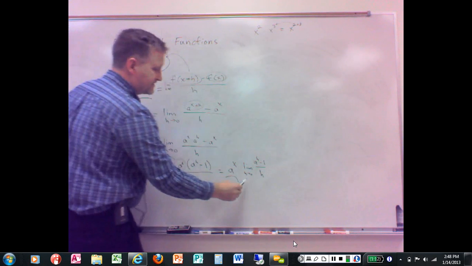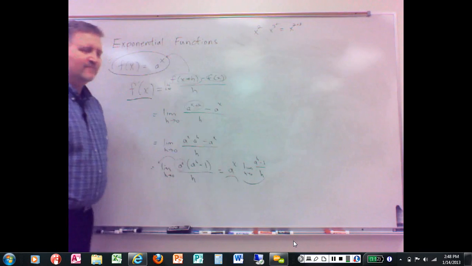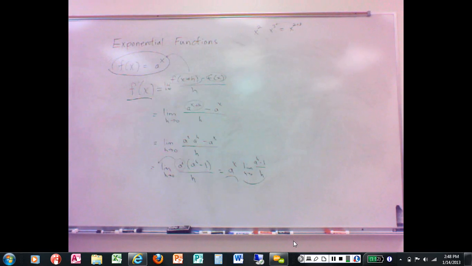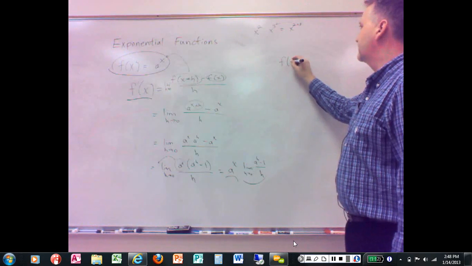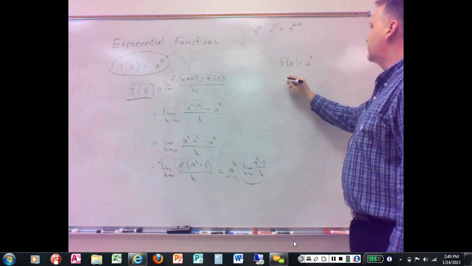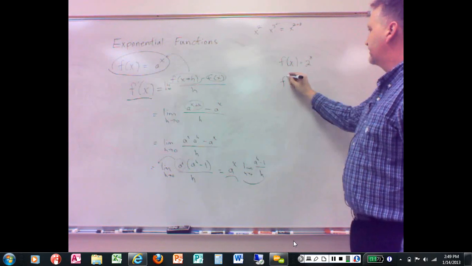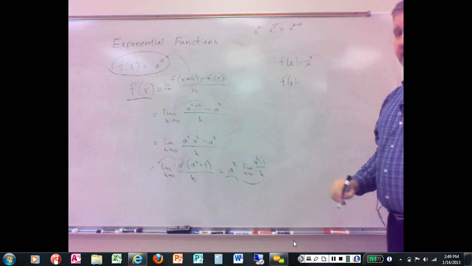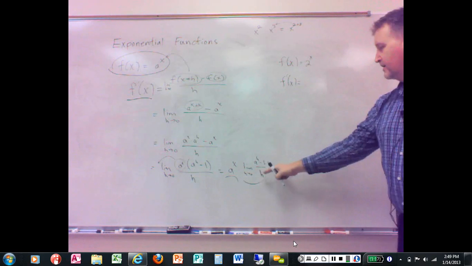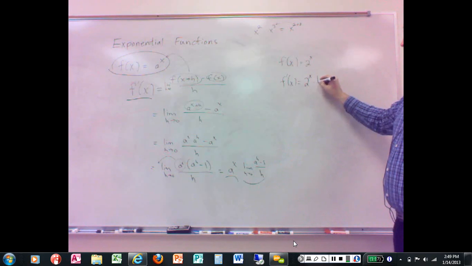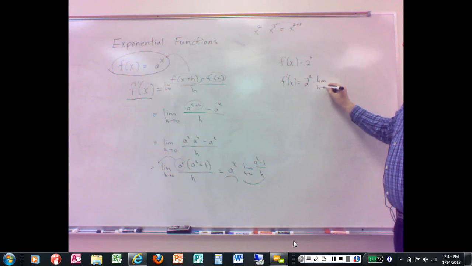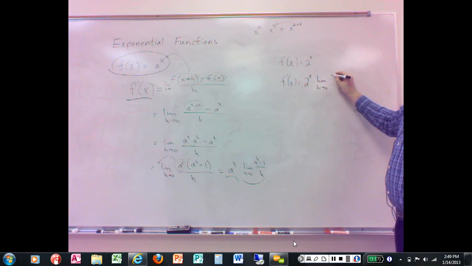Now there's a little bit more to that. Here's one example. If I did f of x equals 2 to the x, well, the derivative by those calculations would be 2 to the x times the limit as h approaches 0 of 2 to the h minus 1 over h.